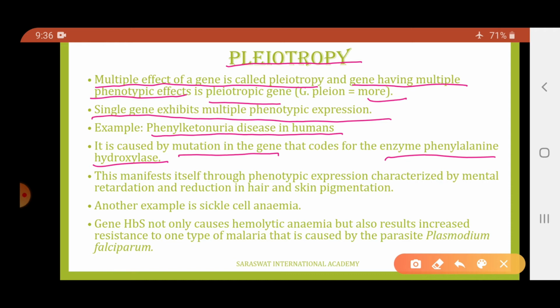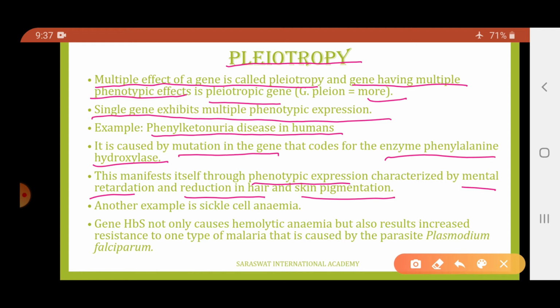Now what is the effect of this? So this manifests itself through a phenotypic expression which is characterized by mental retardation, reduction in the hair and skin pigmentation. So see students, basically what are the effect? Due to mutation, first of all, the enzyme is not produced. Apart from that, what phenotypic expression it shows? One is mental retardation, right?